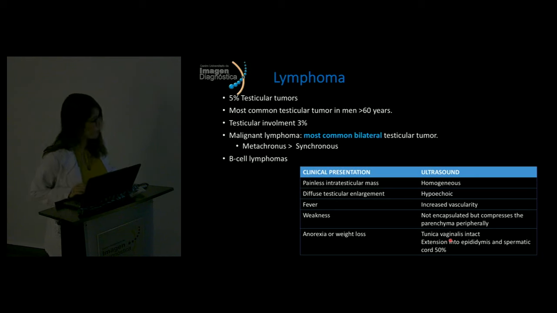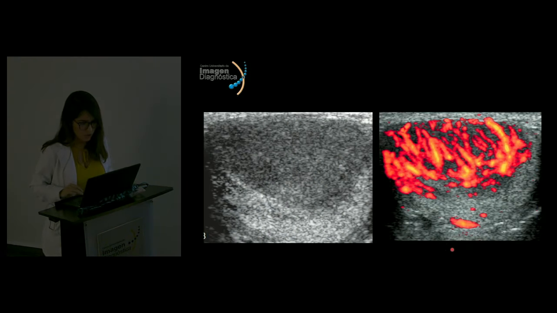Extension to the epididymis and spermatic cord will be present in up to 50% of the cases. And so we have here two sagittal grayscale ultrasounds and power Doppler on the right that show a diffuse homogeneous hypoechoic hypervascular mass of the testicle that histopathology confirmed to be a lymphoma.